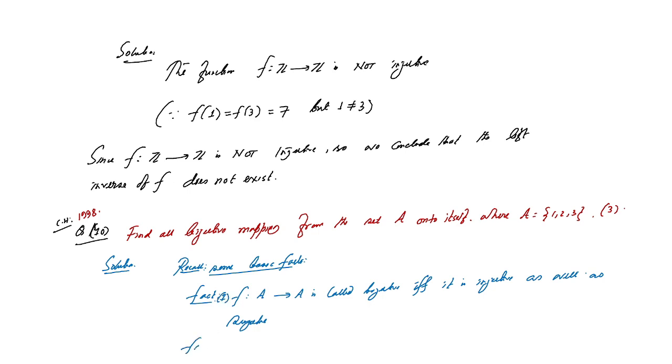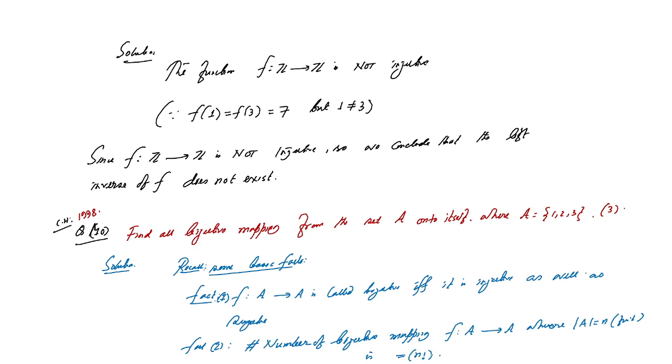Our fact 2: the number of bijective mappings f from A to A, where the cardinality of A equals n, which is a finite number, is n factorial.